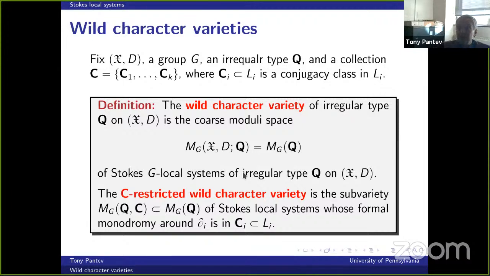In that case, the monodromy of the new regular connection will belong to that reductive subgroup Li, and that monodromy, which is a formal monodromy because it depends on a formal gauge transformation, I'm fixing to be in a given conjugacy class in that reductive group. That's the extra condition that one can prescribe to get a closed subvariety in the moduli of all Stokes G local systems of irregular type Q.